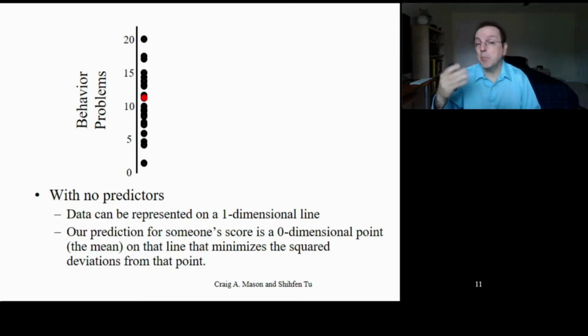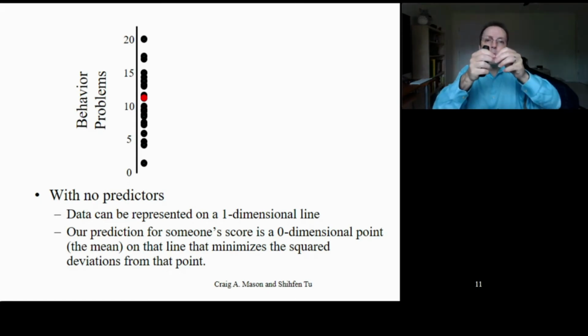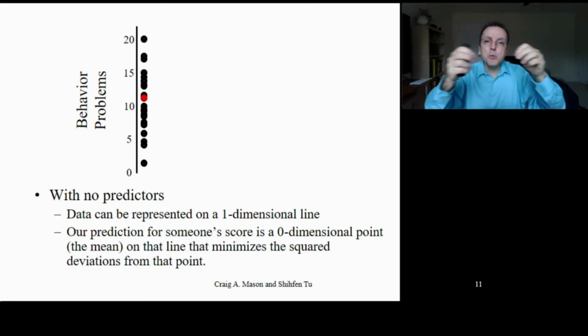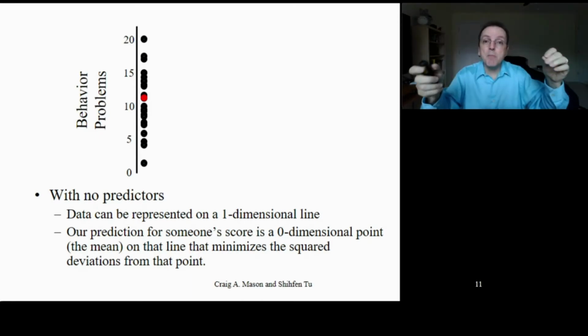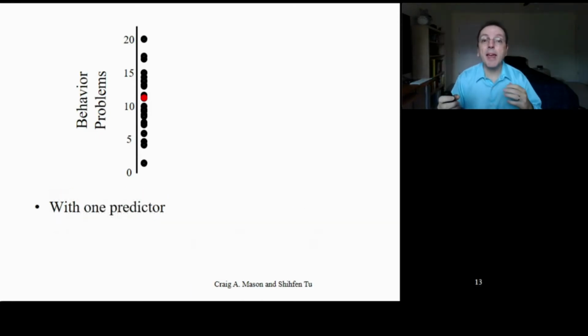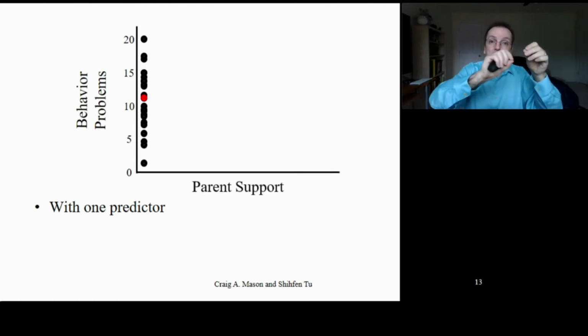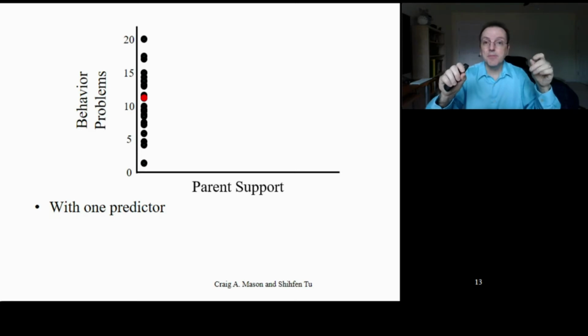In this example, let's add parental support. Now we're going to need to stretch that line into an additional dimension. And we'll make it a 2-dimensional XY plane in which we've added parent support as the x-axis.